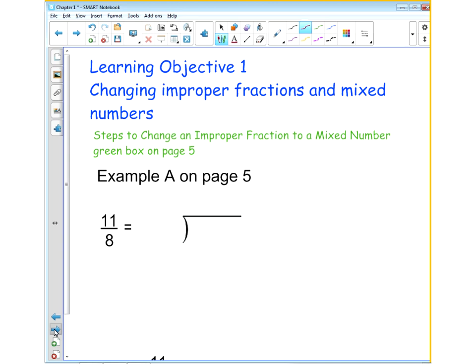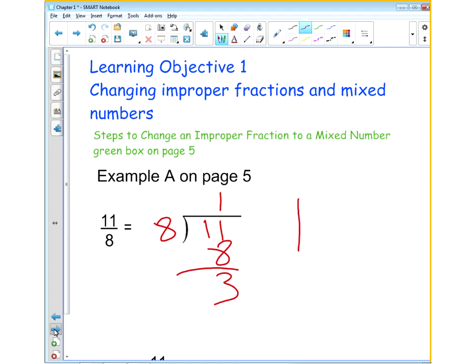The first step is divide the numerator by the denominator. So I take the numerator, 11, and divide it by the denominator, 8. 8 goes into 11 once, and 8 times 1 is 8, with a remainder of 3. Step 2, the quotient is the whole number part of the mixed number. So that 1 is going to be the whole number part.